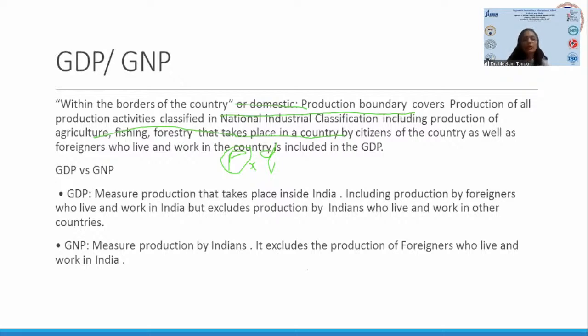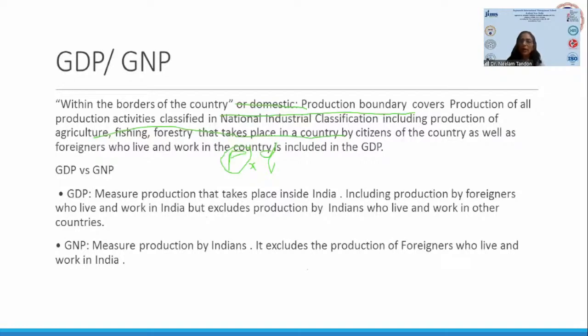Within the boundaries, you can see the GDP and GNP difference is clear to all of you. What is GDP? Do remember, D stands for domestic, N stands for national. National means the citizens and residents of the country, which are staying in India. They may have their venture abroad.